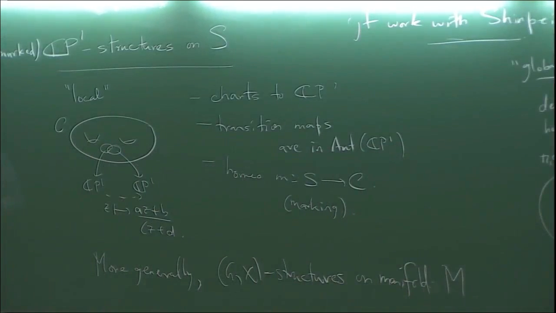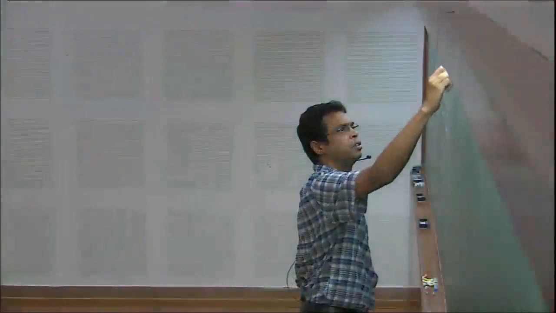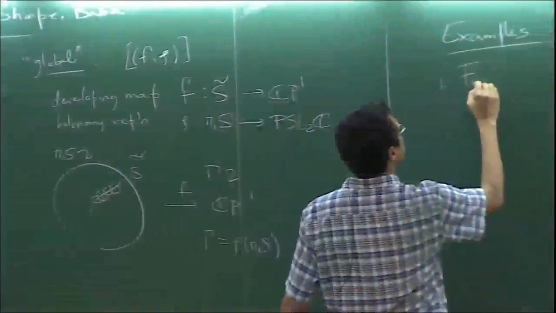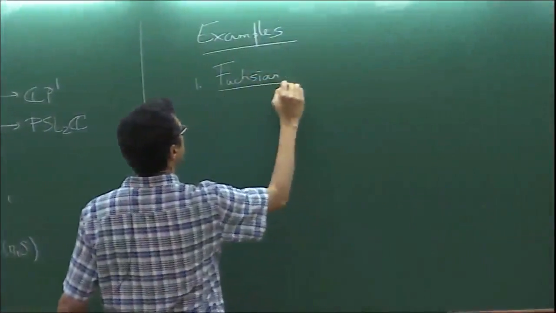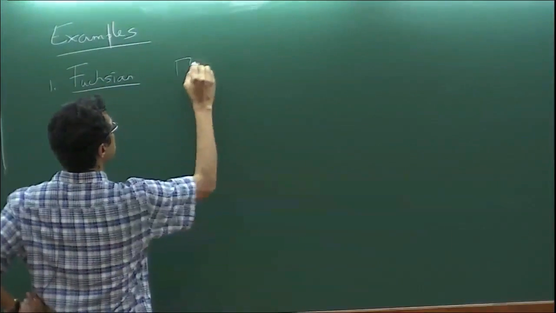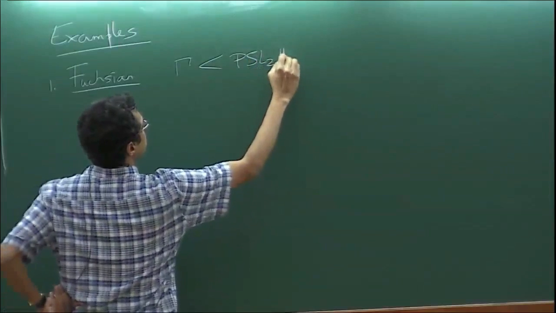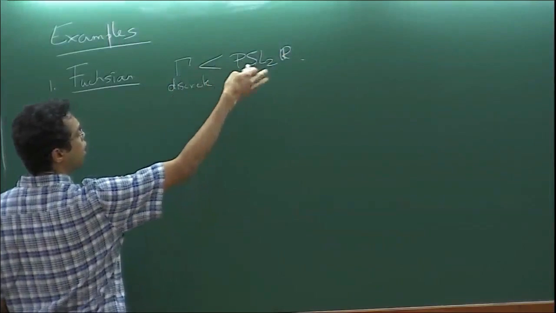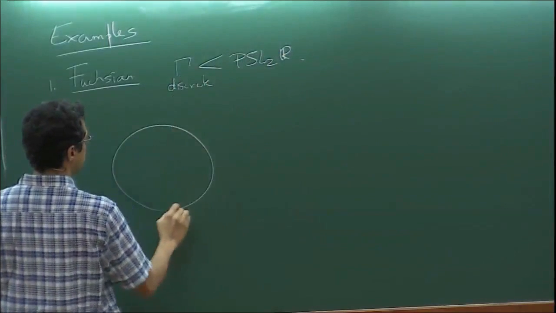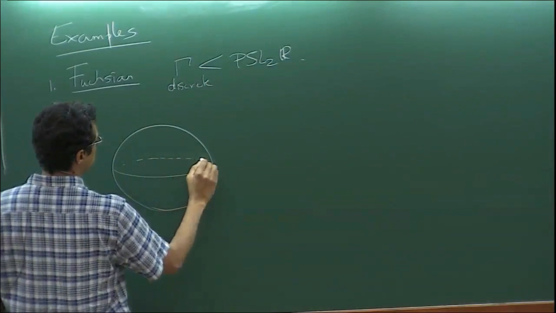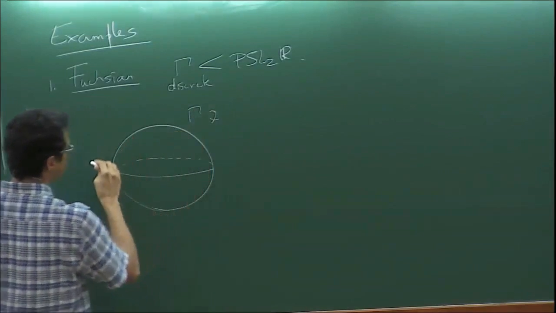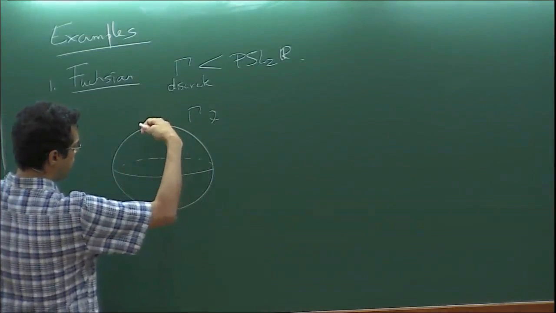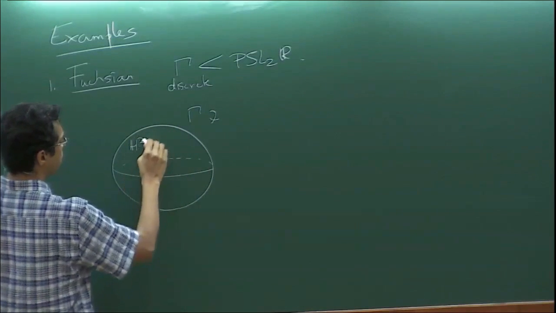Okay, so again, let me give a couple of examples of complex projective structures, which are well known, you're familiar with. The first one is Fuchsian structures. This is the case when the group gamma is actually a discrete subgroup of PSL2R, which is inside PSL2C. So in this case, the gamma action on CP1 preserves the real line, the equator, and the upper hemisphere, which you can identify with the hyperbolic plane.